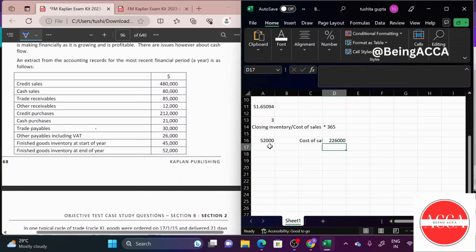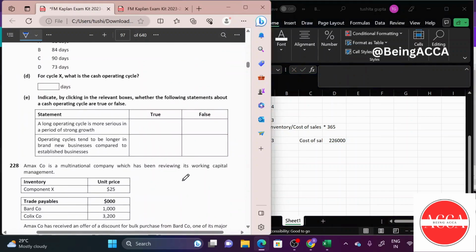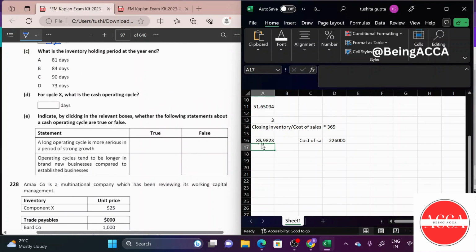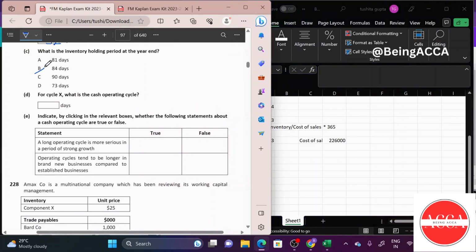Then I divide the closing inventory by the cost of sales and multiply by 365 to get the number of days for inventory. This comes out to be 83.98, which is rounded to 84 days, which is option B.